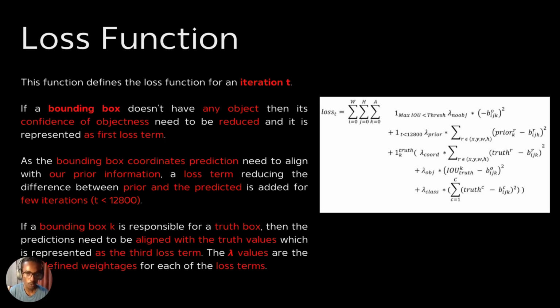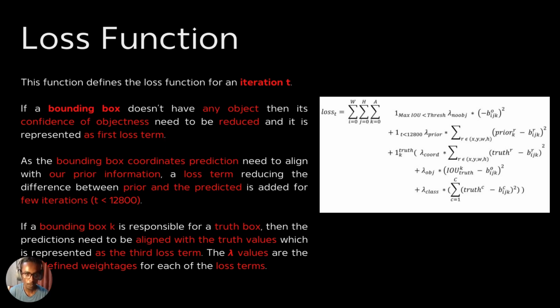As they get closer and closer, the loss value for the second term will be lower and lower, and that's what we're doing basically on the second component of the loss function.